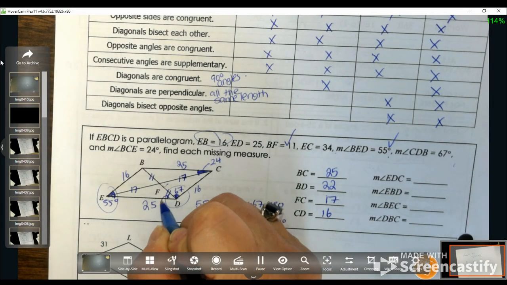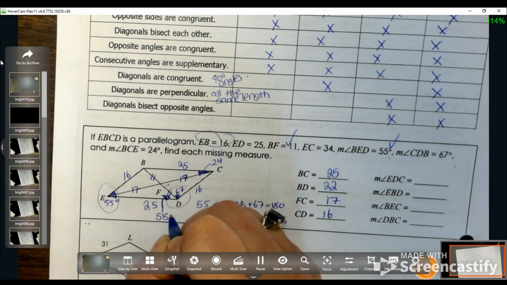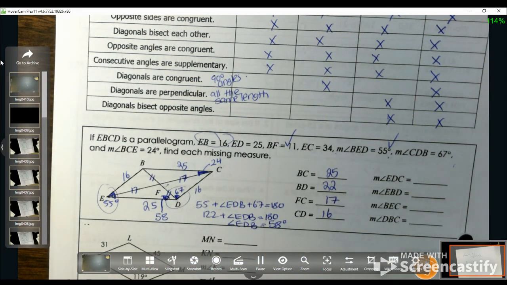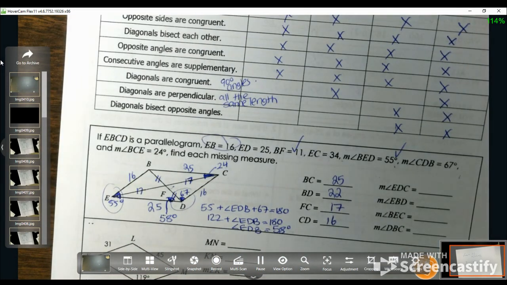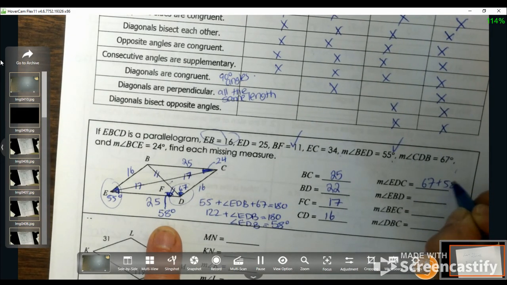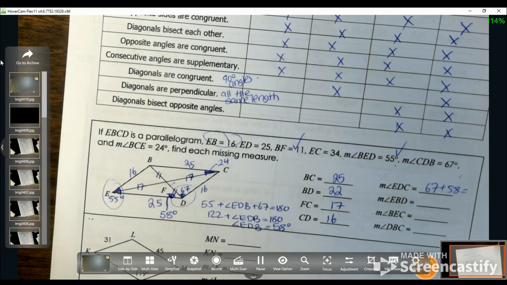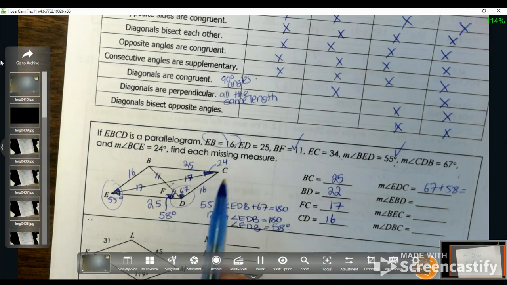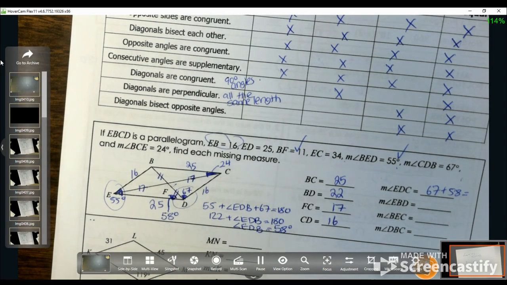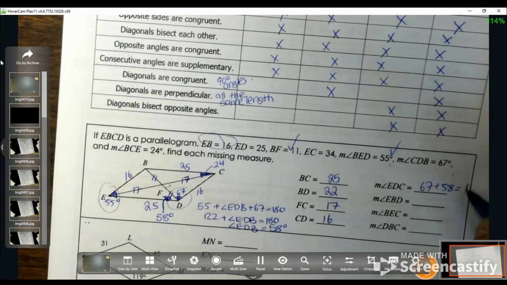So I'm going to put that in over here. 58 degrees. Okay. That means 67 plus 58 will give us our angle EDC, and that is 125 degrees.